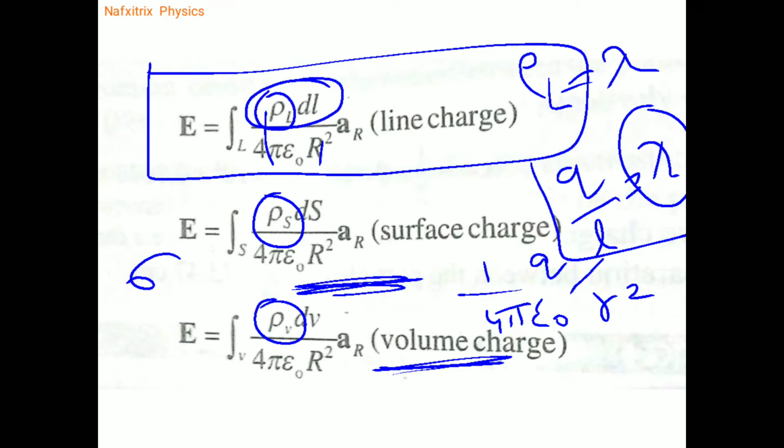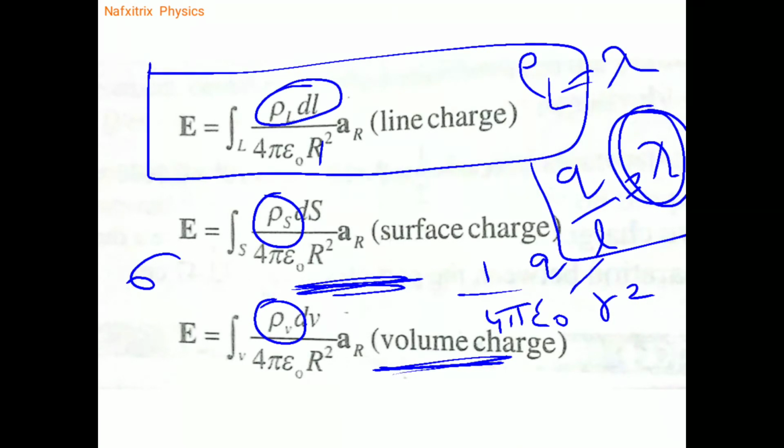We need to use this formula. In the place of Q we have rho L into dl, the charge for a small unit length of the ring. If we integrate over the entire length, we would get the electric field.